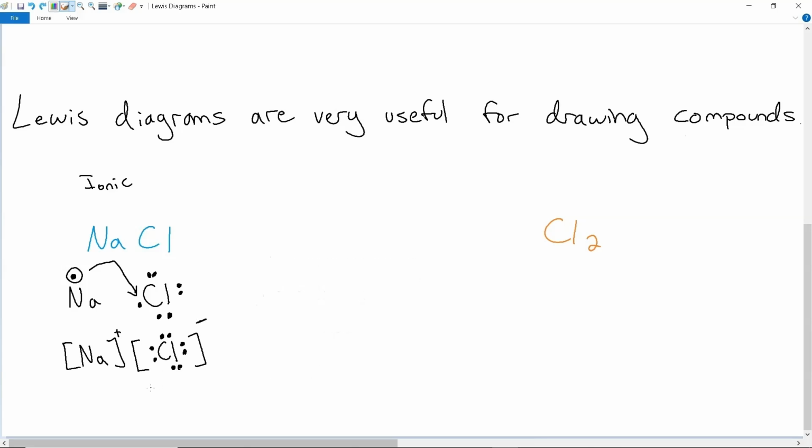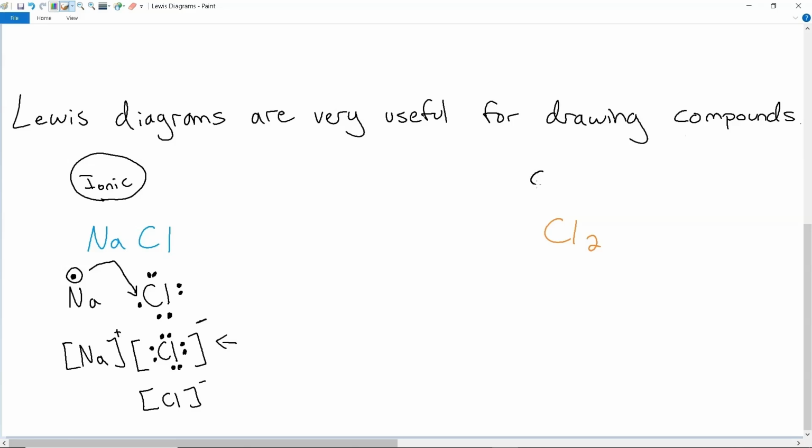You might see some diagrams like this, where none of the electrons are actually shown in the valence shell. And that's fair too. It's really a preference thing. I prefer to draw the electrons on my negative ion just to show that the positive ion has donated an electron. So that would be for ionic compounds or ionic bonds.